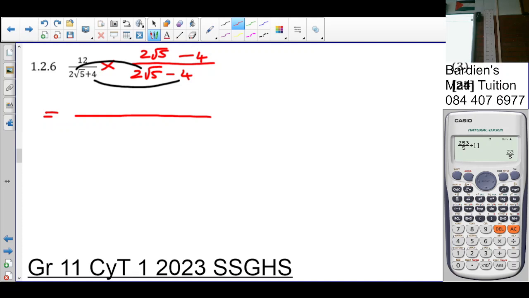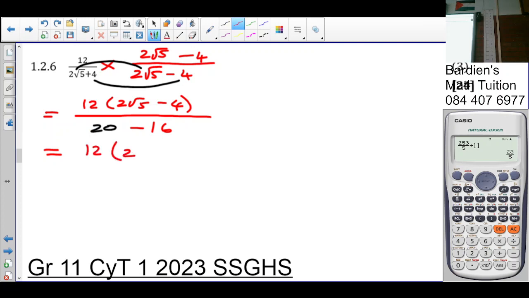2 root 5 times 2 root 5 is of course 4 times 5, minus 4 times 4 is 16. So it's going to be 12 into 2 root 5 minus 4. What is 4 times 5? 20. Nice. And what is 20 minus 16? 4.